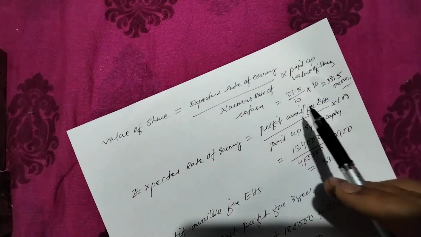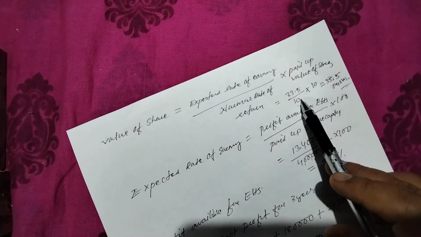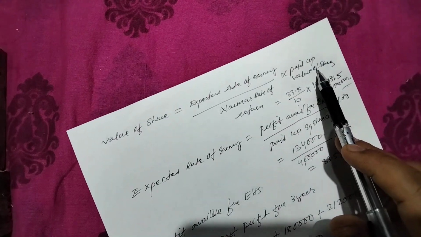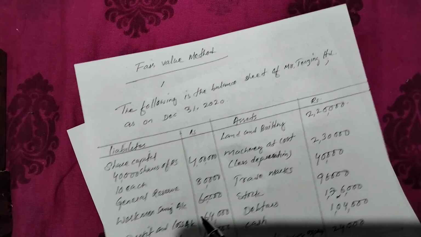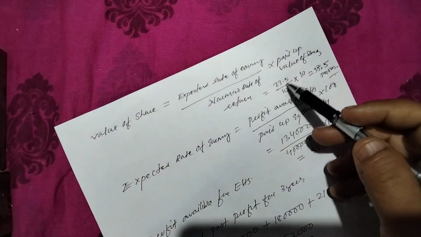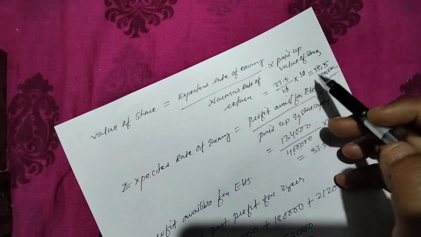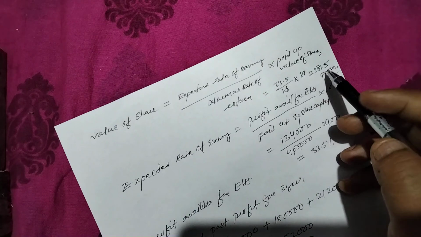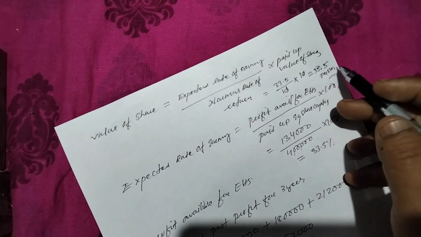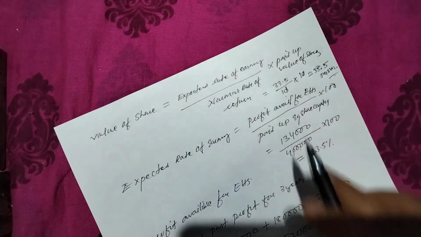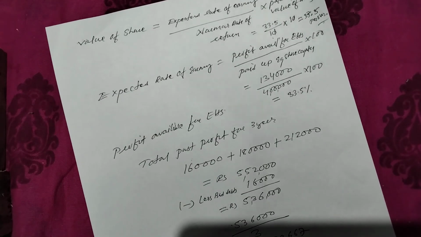So this is 10 into paid up value of share. Paid up value is, I think, 10. When you cut this 0 with 0, it will be 33.5. So this is the value of share, 33.5 per share through the yield method.